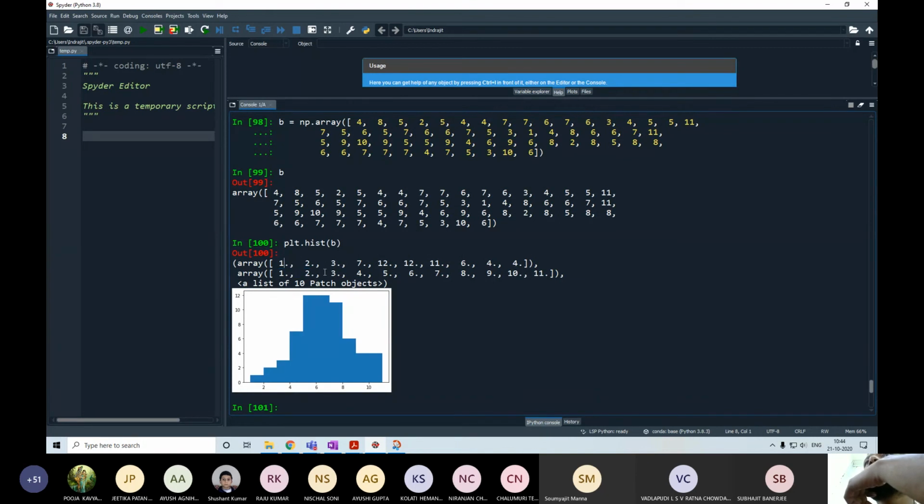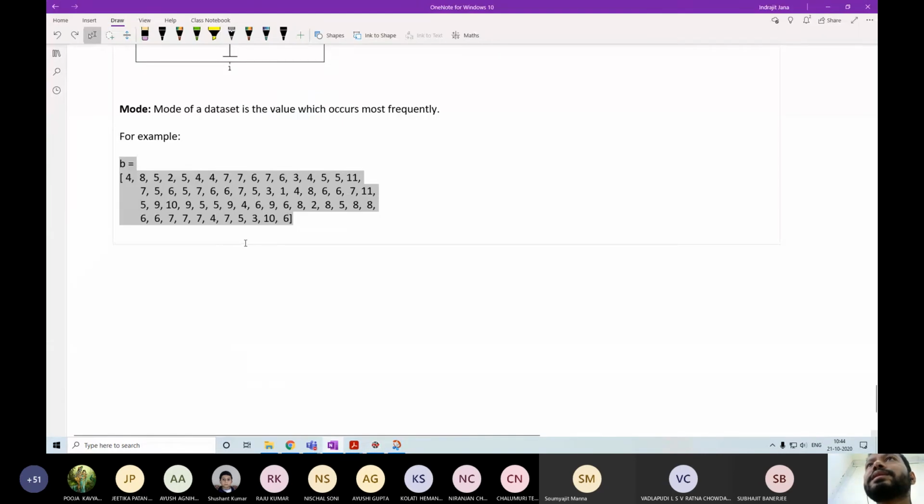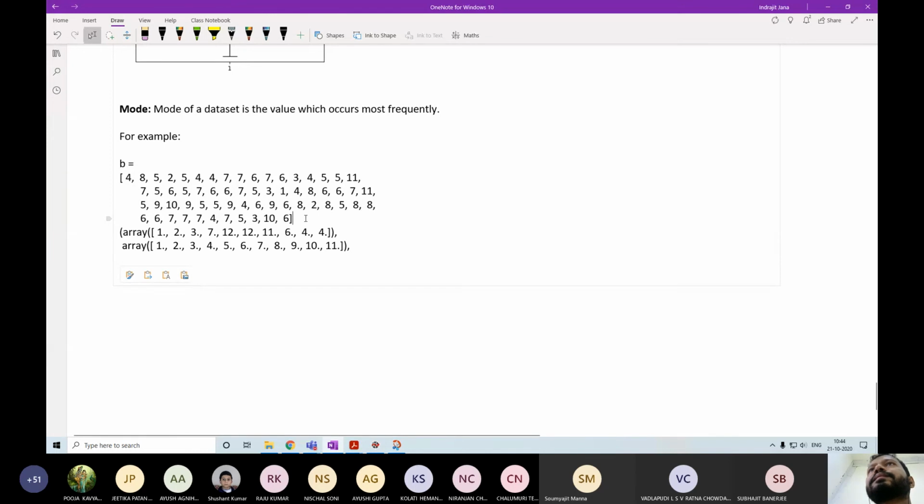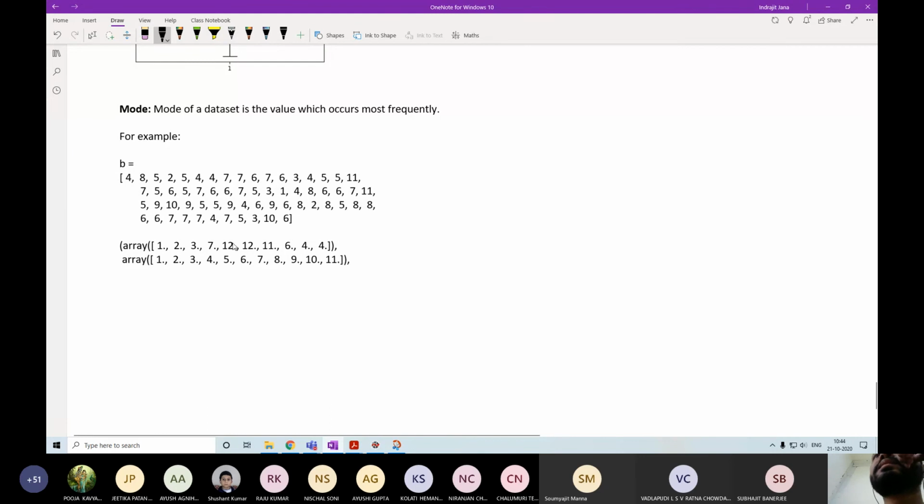From 1 to 2, only 2; 2 to 3, only 3. Actually, let's copy that and paste it here. So the highest value is 12 and 12. And as you can see, 5 occurs 12 times and 6 occurs 12 times.